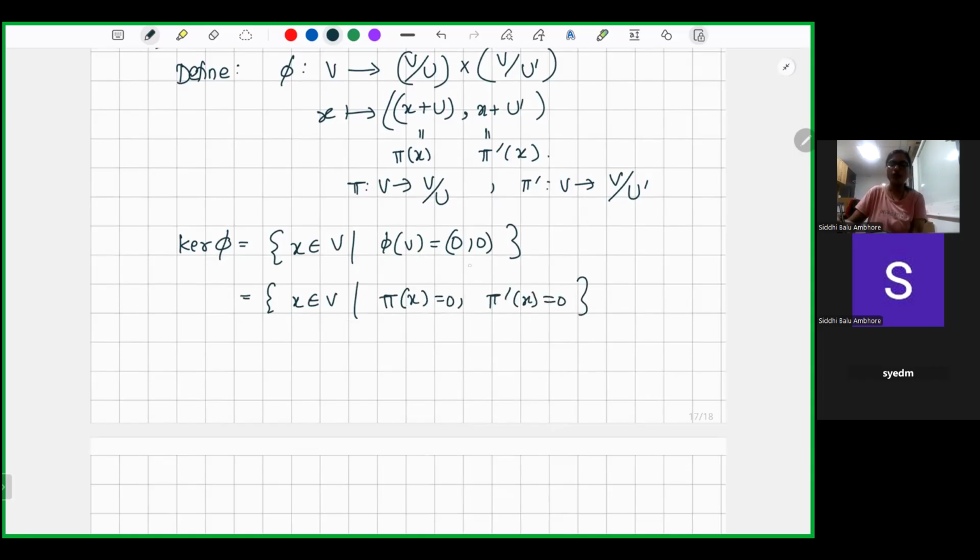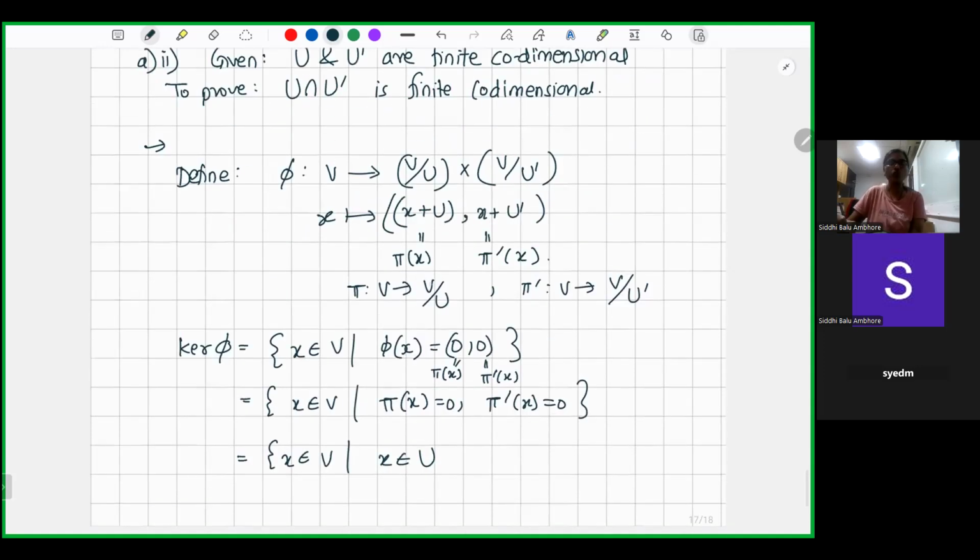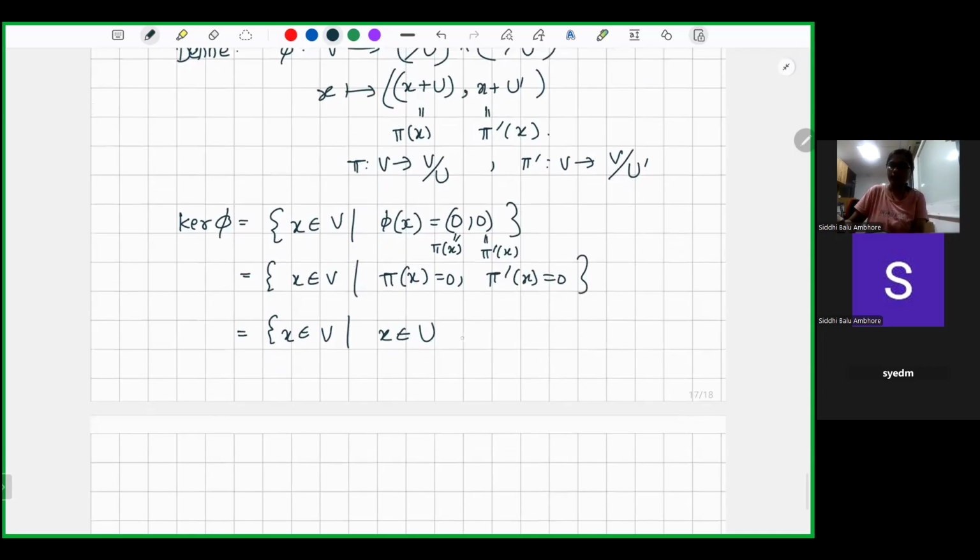Because that's the coordinate. So this is pi of x, this is pi dash of x. So that is x in V such that pi of x will be 0 when x belongs to U, right? Because this is quotient by U. And pi dash of x will be 0 means this x belongs to U dash.